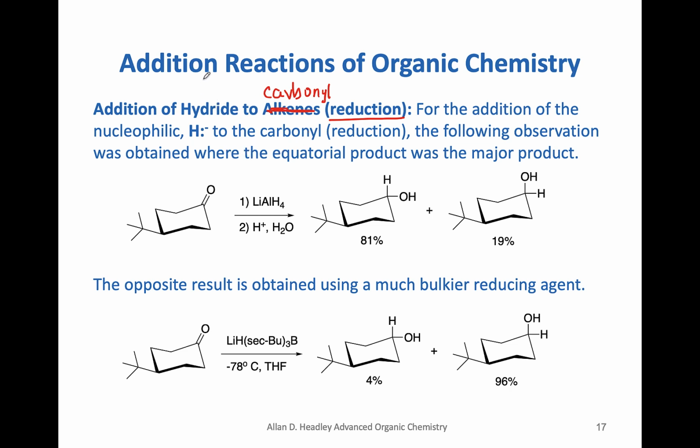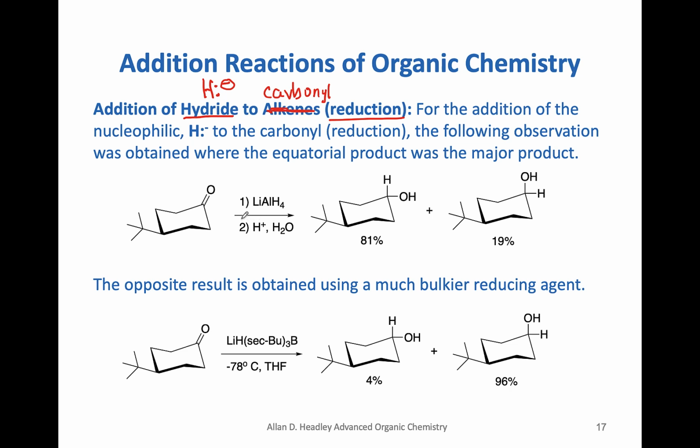The hydride is H with a pair of electrons. H dot is a hydrogen atom or radical, and of course H plus is the proton, but here we're talking about the hydride, which is H with 2 electrons and a negative charge.